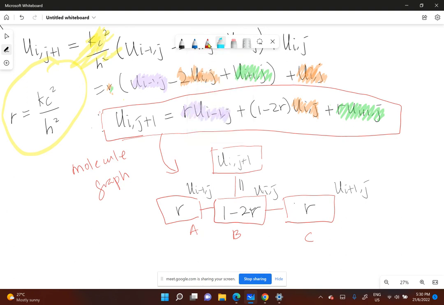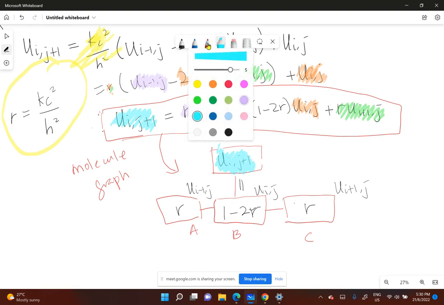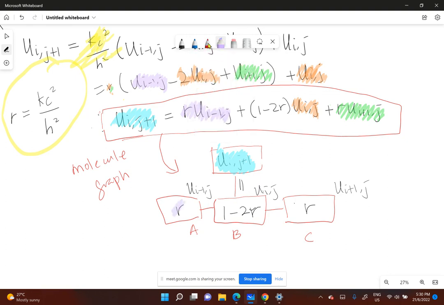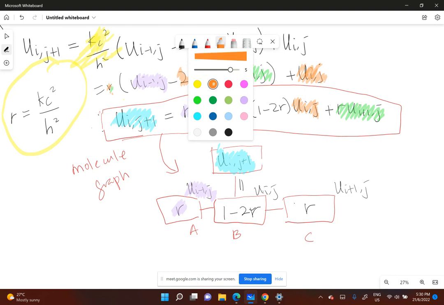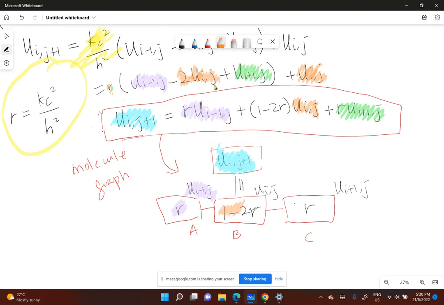Ni yang apa yang kita nak? UI minus 1. Nanti kita akan cari nilai ini. Setiap kali kita akan cari nilai ni, this one. And yang ni, this one. R ni adalah sini. Ni kan? Nampak? R. Lepas tu, this is one minus 2R adalah UIJ.